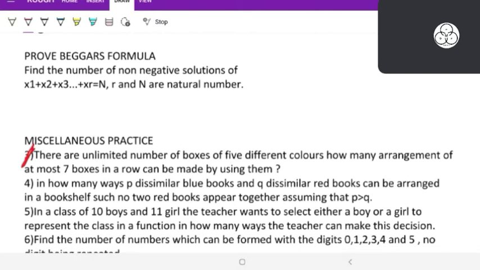There are unlimited number of boxes of 5 different colors. How many arrangements of at most 7 boxes?